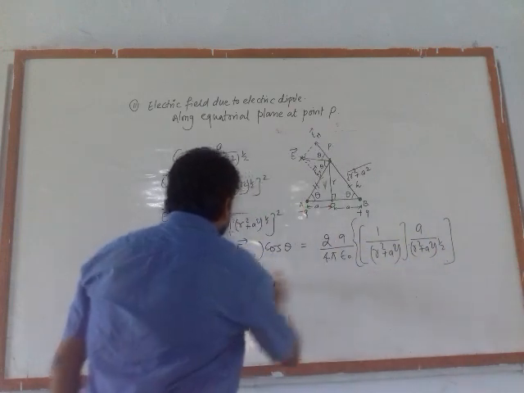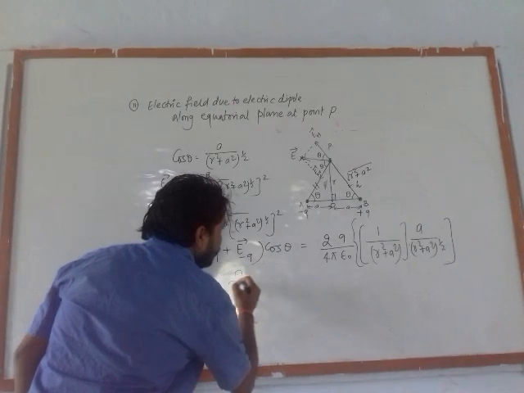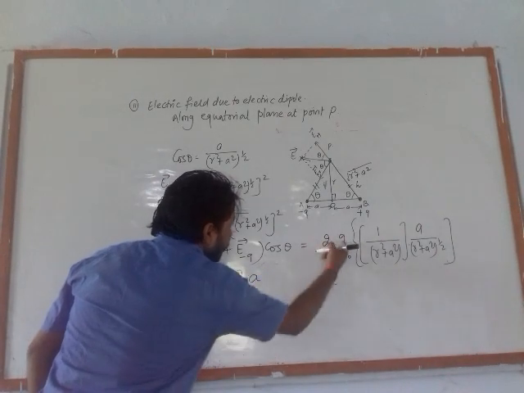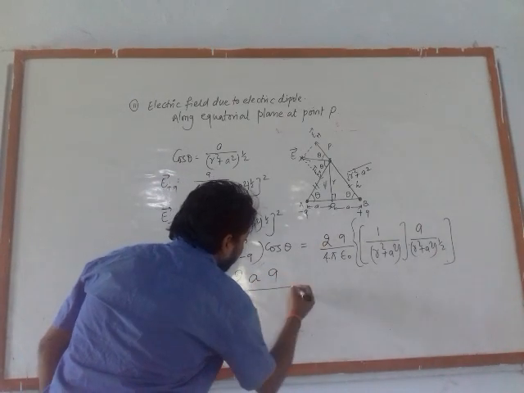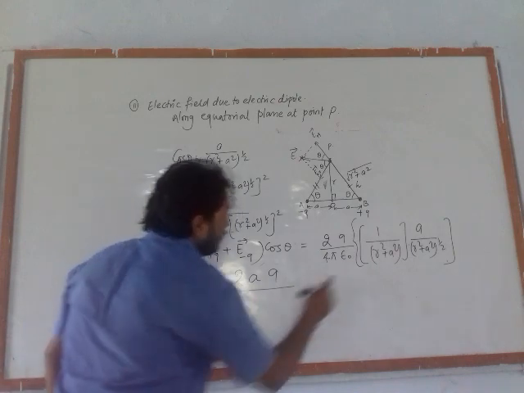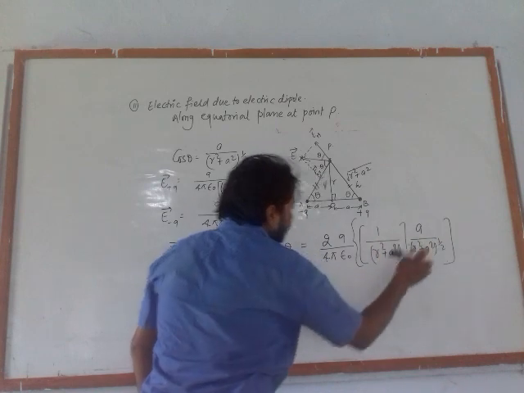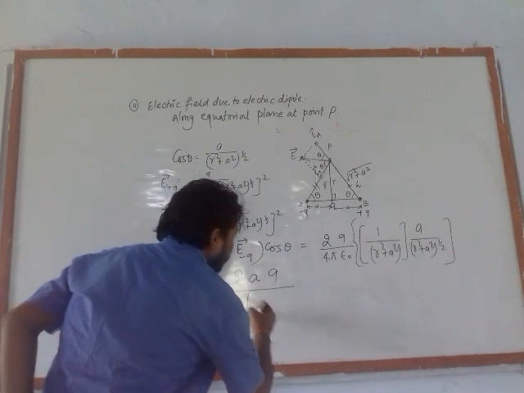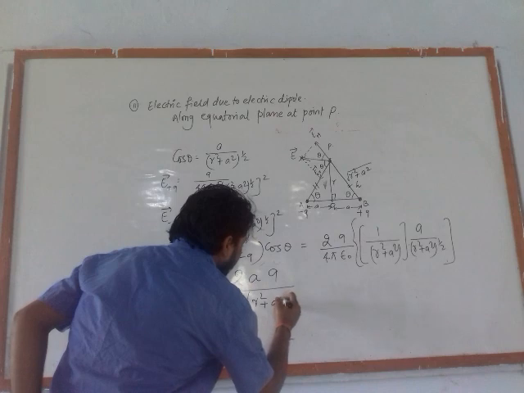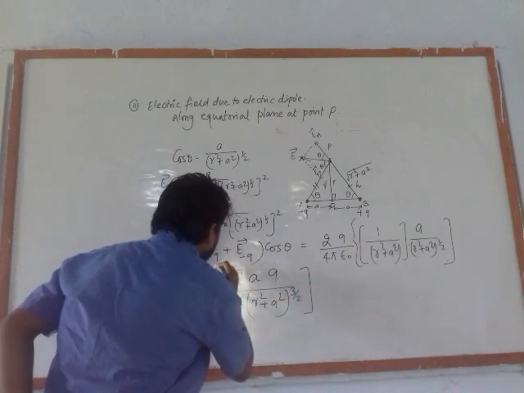So now the final result, if we calculate this, it will be 2A, and R square plus A square to the power 3 by 2.